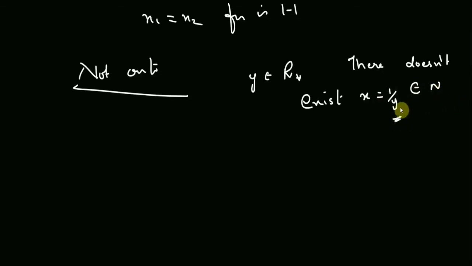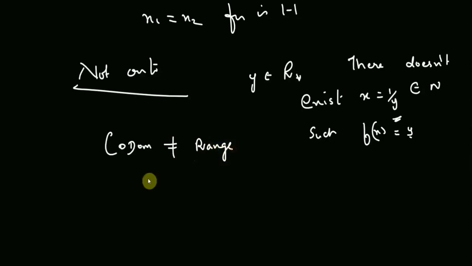So for every element y belongs to R, we are not able to find an x equal to 1 by y such that f of x is equal to y. So codomain is not equal to range. So the function is not onto. Thank you.